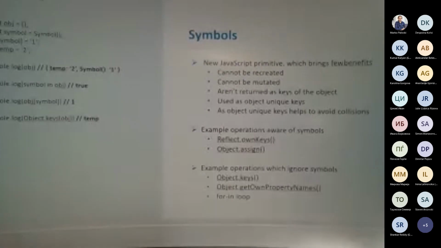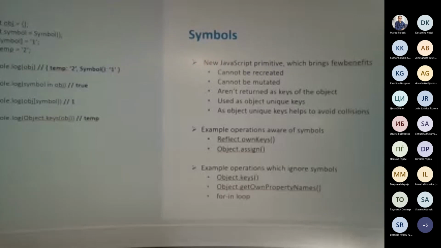Example operations that are aware of symbols are Reflect.ownKeys, which will return all the keys, including the symbols that are applied to the object, and also, like we mentioned, Object.assign, which is used for copying. It will copy also the symbols.